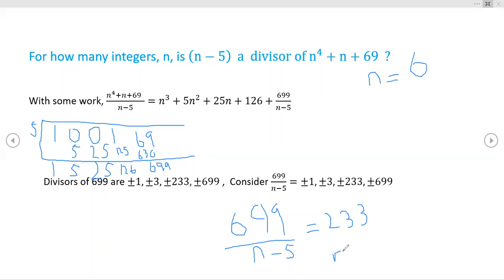So n minus 5 would be equal to 3, since 3 and 233 are factor pairs. Okay, so n minus 5 is equal to 3, and that would make 699 divided by 3 equal 233, but that would imply that n is equal to 8, right? So 8 would be another solution.